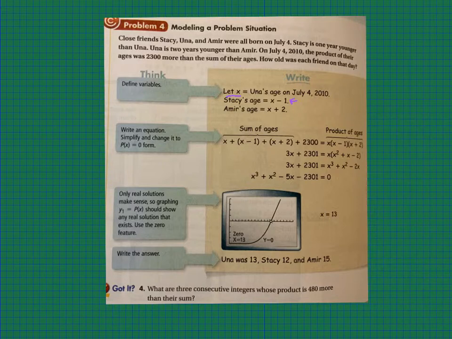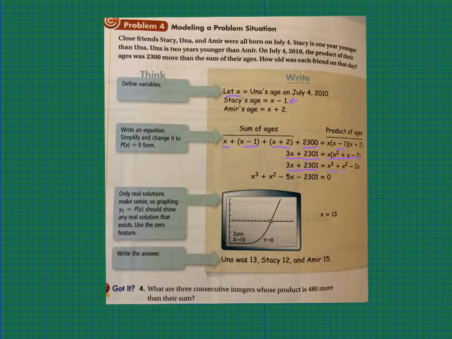So write an equation to simplify and change it to p of x, not a big deal. The sum of their ages, Una, Stacy, and Amir, plus 2,300 is going to be equal to the product of their ages, which is x times x minus 1 times x plus 2. Simplifying this down, we've combined like terms and done some multiplication on the right-hand side, and haven't done anything with the left.